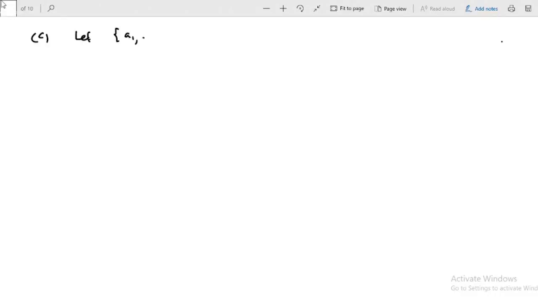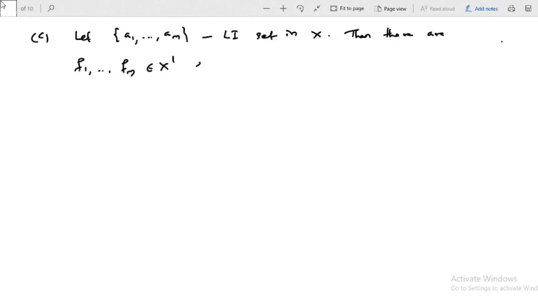Let a1, a2, ..., am be a linearly independent set in X. Then there exist corresponding elements f1, f2, ..., fm, continuous linear functionals on X, such that fj of ai is equal to delta ij, where 1 less than or equal to i, j less than or equal to m.